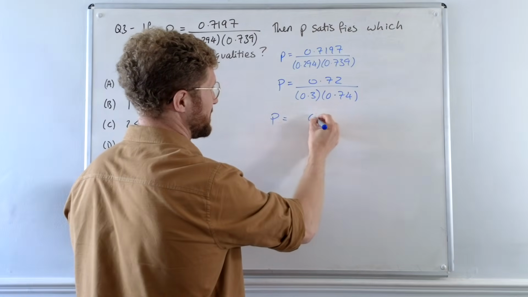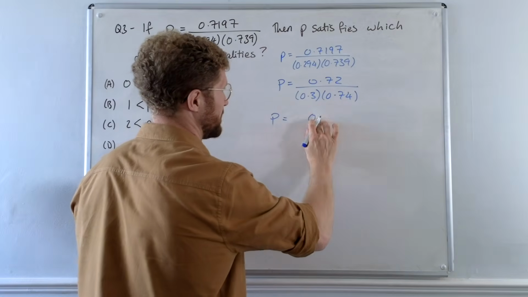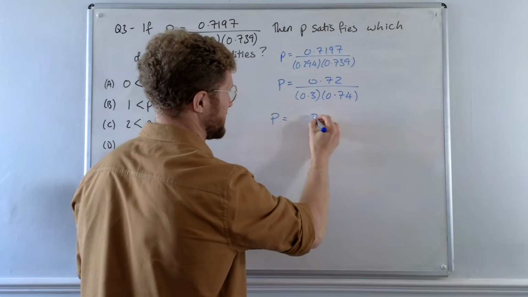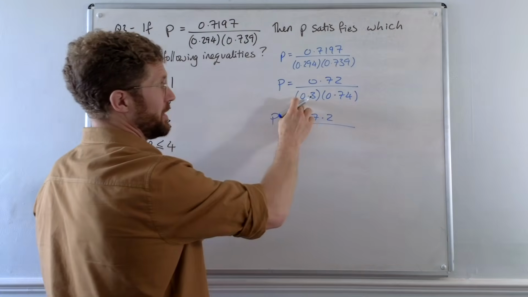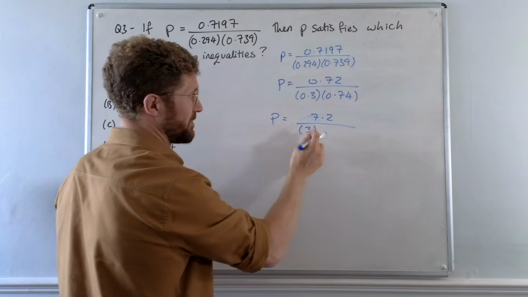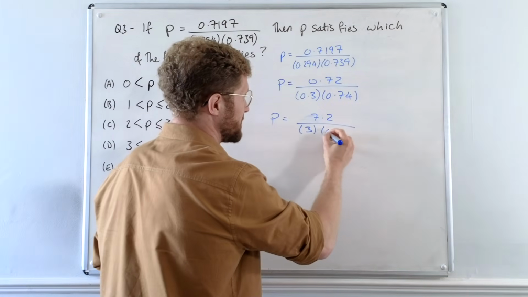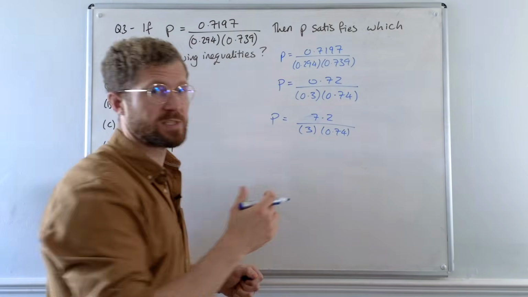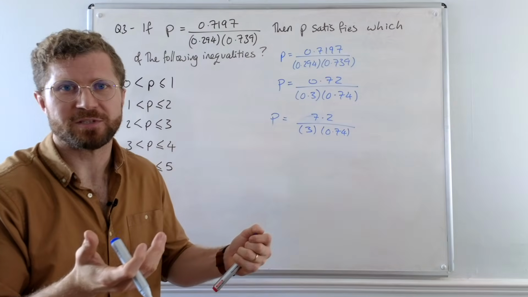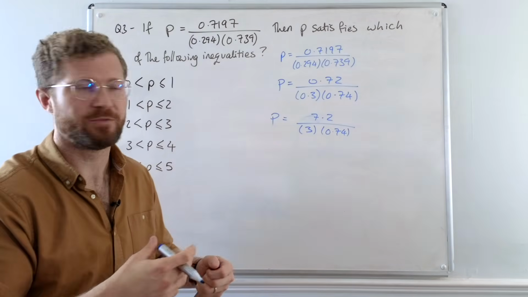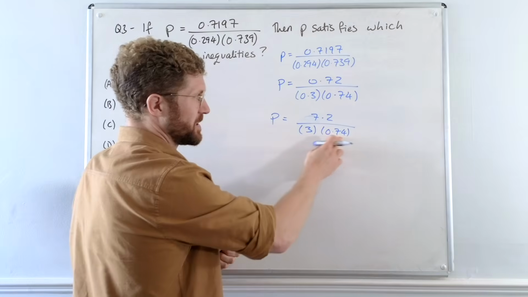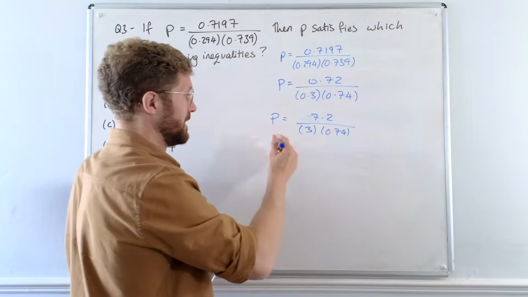So my top line is now going to be something like 7.2, and the 0.3 is now going to be 3, and I've got a whole number there. I like whole numbers. Whole numbers make this whole thing nicer, and I'm still with that 0.74. So if I want to get rid of the 0.74, I'm going to times the top and bottom of this fraction by 100 to make that 0.74 into a whole number.